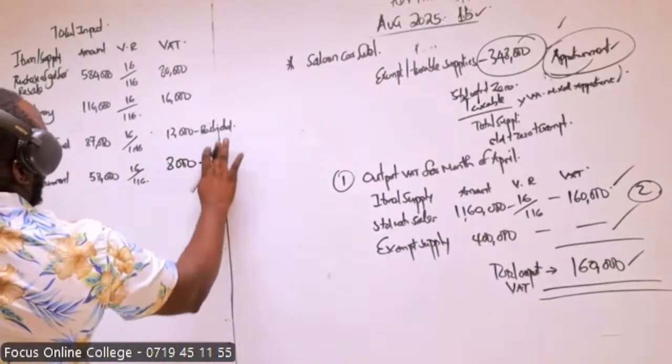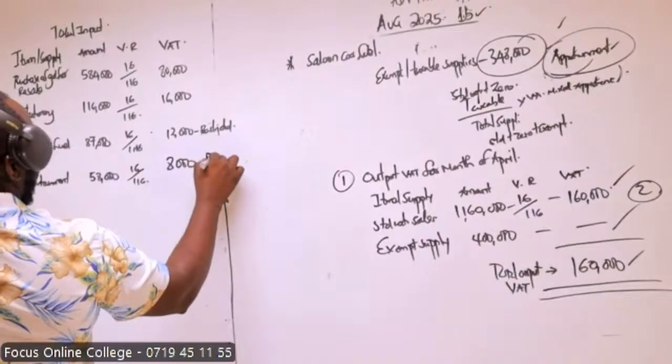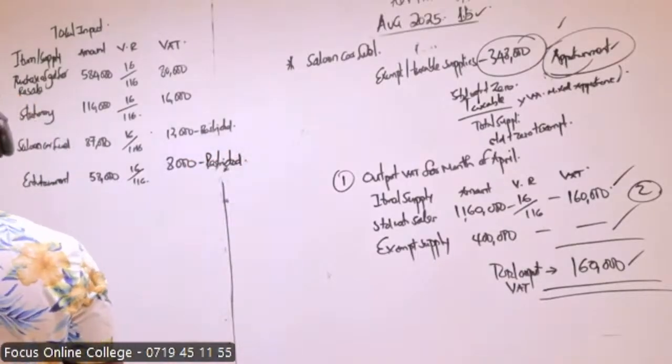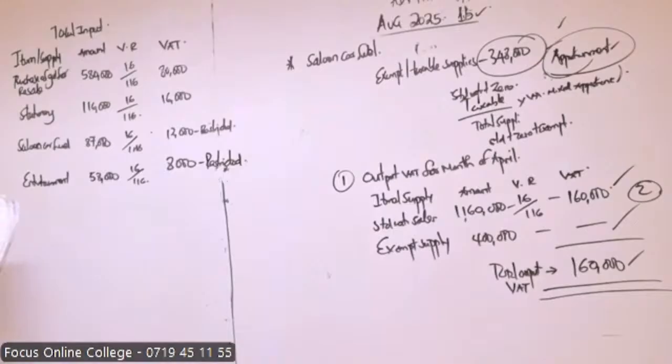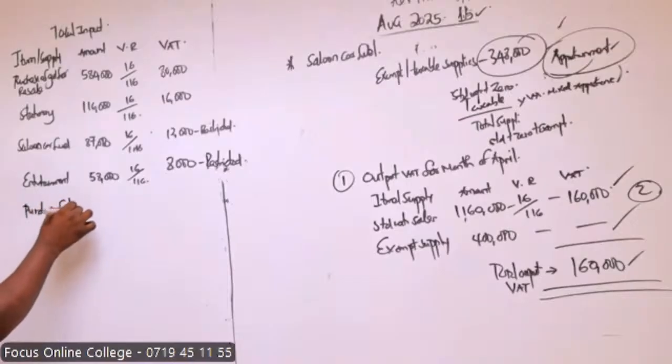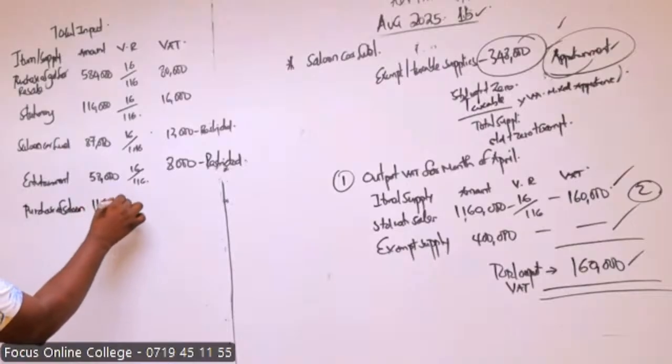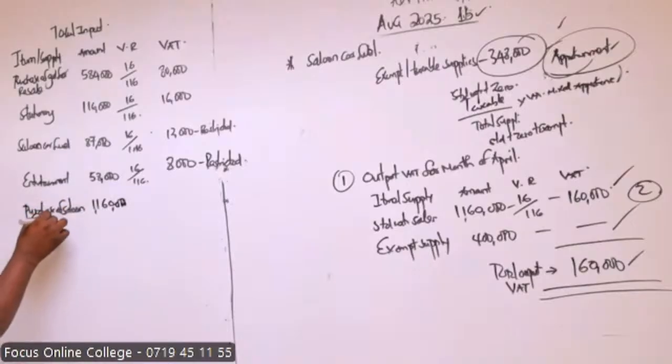I hope you understand what the question is saying. I hope we are together. Restricted, restricted. Then you have the purchase of a saloon car for directors.